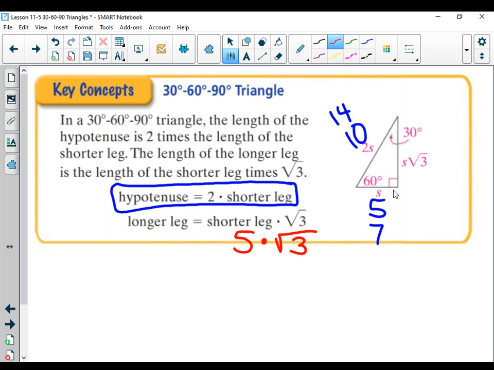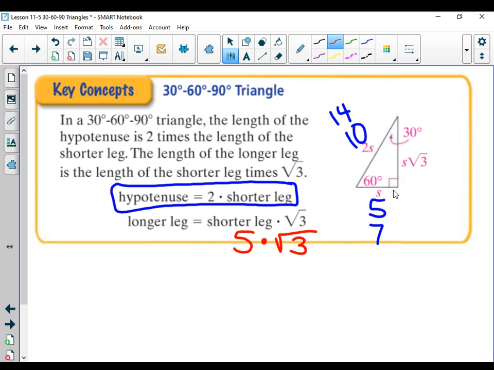Think about it. Square root of 3. Is it perfect? No. If it's not perfect, it's irrational, which means it's going to be random.